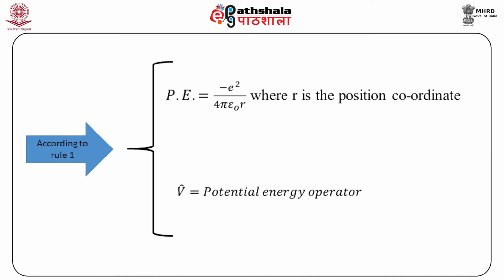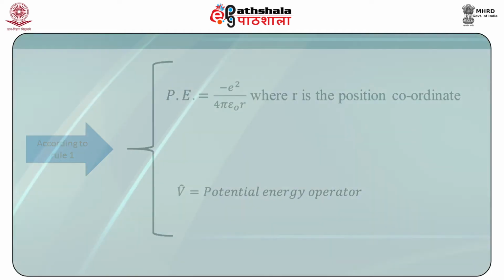The classical expression which we have written here is the potential energy of an electron in a hydrogen atom, and we are assuming that the electron is at a distance r from the nucleus. So its classical expression is potential energy equal to minus e square upon 4 pi epsilon 0 r, where r is the distance between the electron and the nucleus.